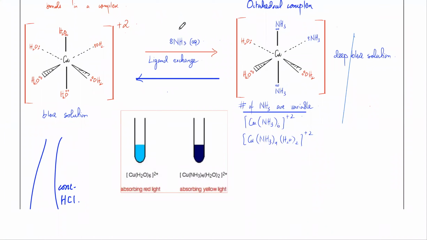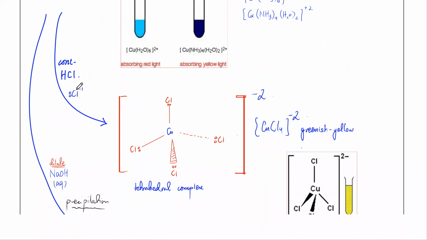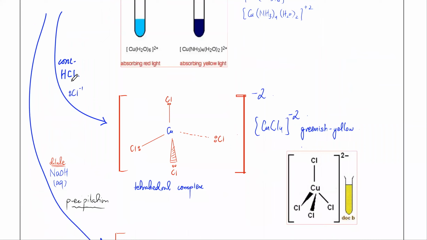So you could have all 6 NH3s, or you could have 4 NH3s, or you could have 3 NH3s and 3 water molecules. Anyways, it's still the same type of complex, and it's going to be dark blue in color. Is that clear? Similarly, you could have concentrated HCl providing Cl- as a ligand.